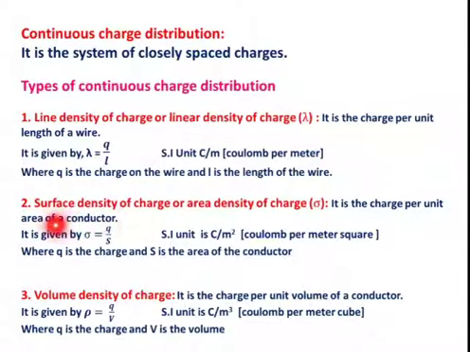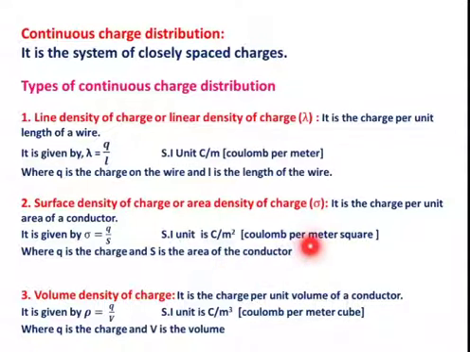Second one, surface density of charge or area density of charge, which is denoted by the symbol sigma. It is the charge per unit area of a conductor. It is given by sigma equals Q divided by S, where Q is the charge and S is the area of the conductor.